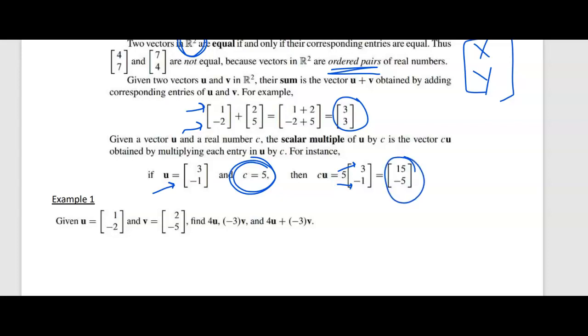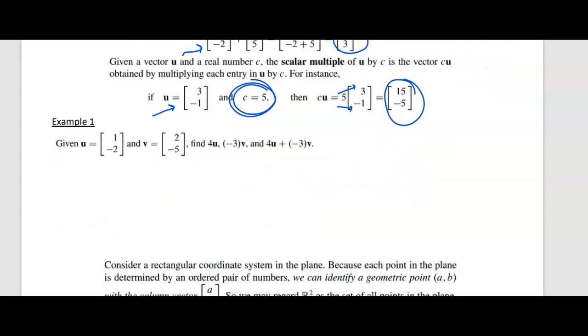So let's look at our first example. Okay, so here's u and here's v. Let's find 4u. Now in the textbook it has it bolded. On our paper we can write it like that with a little vector sign on top. That's 4 times the vector 1, -2, and then I just multiply that component-wise.